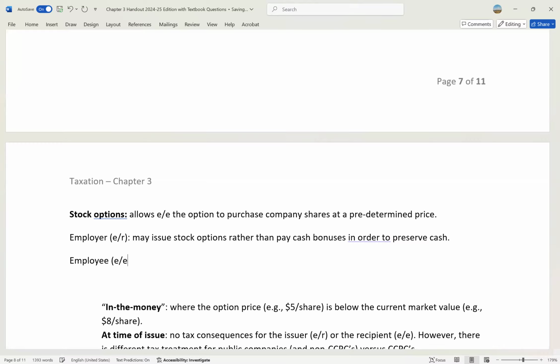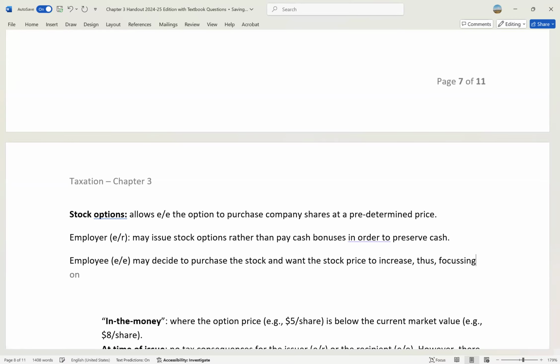The benefit for the employee as well is that the employee may decide to purchase the stock and want the stock price to increase, thus focusing their duties and decisions on the long-term success of the company.